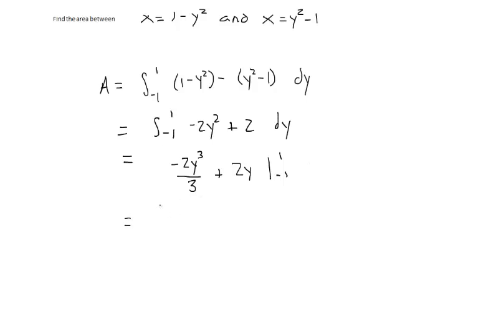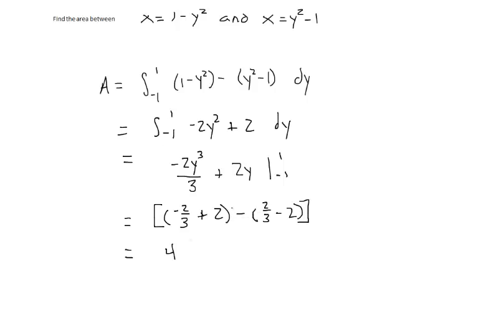And now when I evaluate, I get negative 2 over 3, because 1 cubed is 1, so negative 2/3, plus 2, minus, now when I have negative 1 cubed, it's still negative 1, so I have positive 2/3, and then I have negative 2. And now when we add this up, we have 2 minus a negative 2, so we have 4.